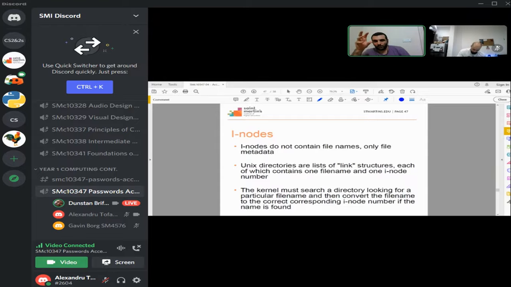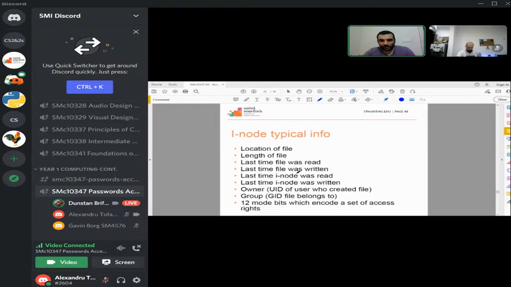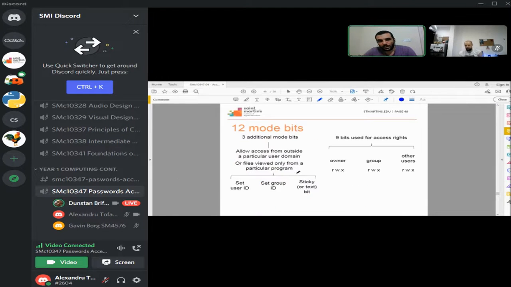You need to be well mapped to be able to find what you want. And here the inode would have different properties relating to information about the particular file. So if you have time, it's interesting to read a little bit about these inodes, about Unix in general. It is an interesting thing.